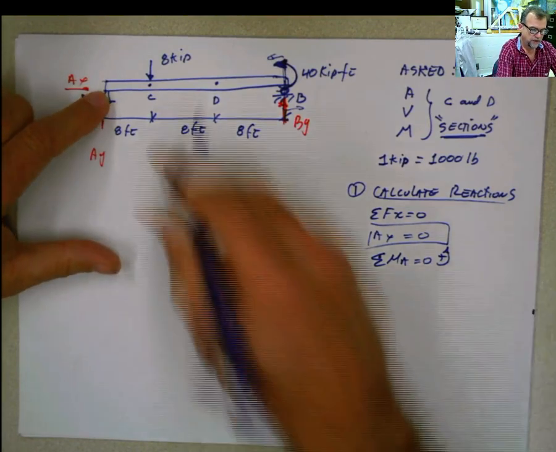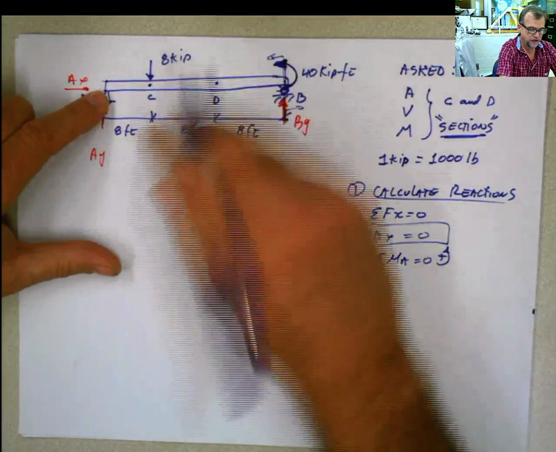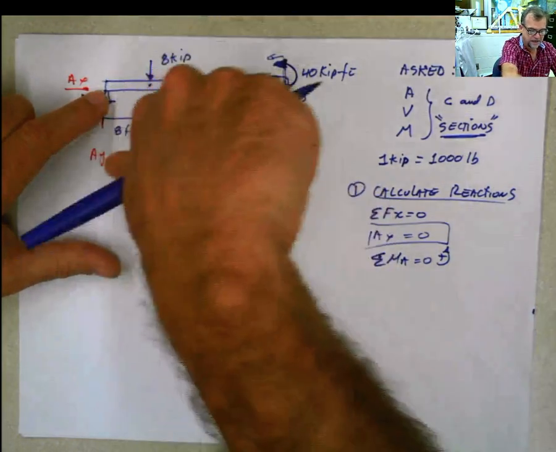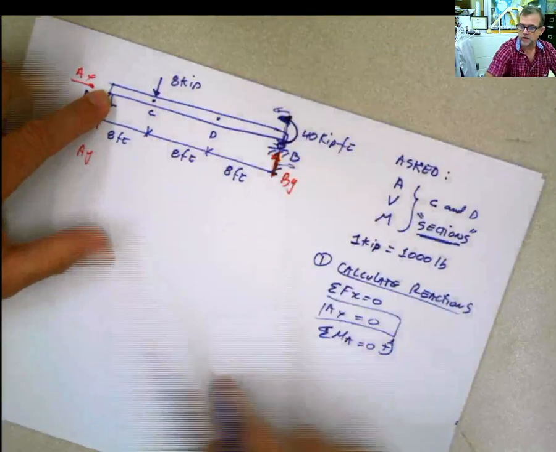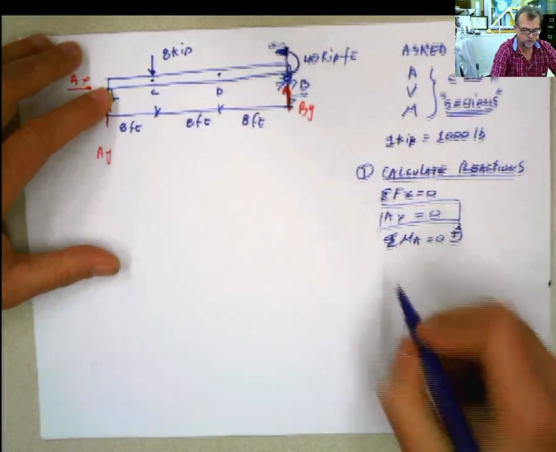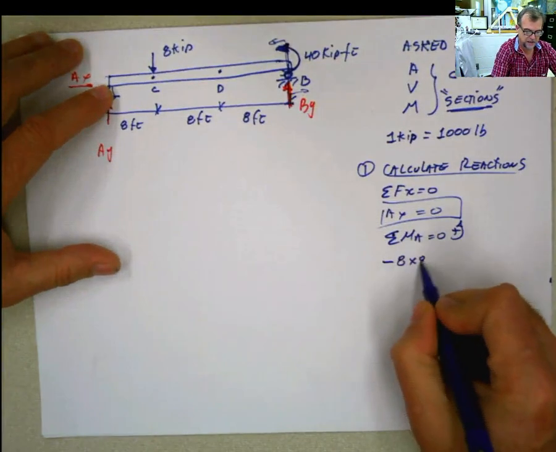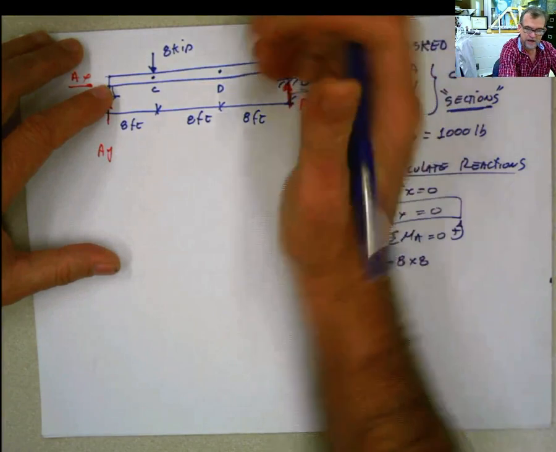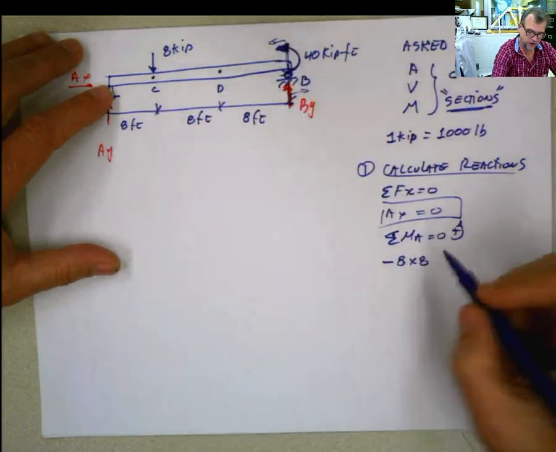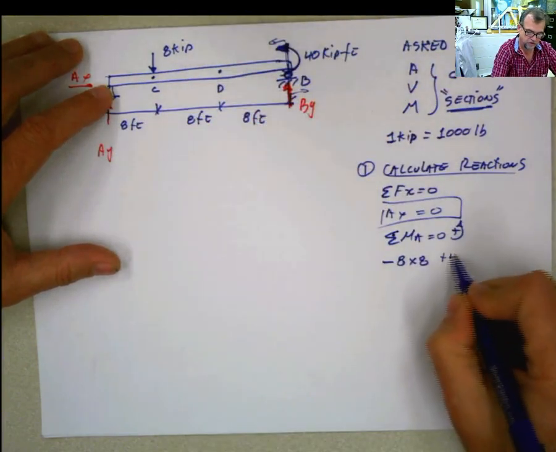Okay, good. Now I'm going to apply this force here, so it's going to be 8 times 8, and it's going to rotate in this way. And that is negative according to my convention, negative 8 times 8. This moment here is applied already. That's a positive moment according to this convention, 40 kip.